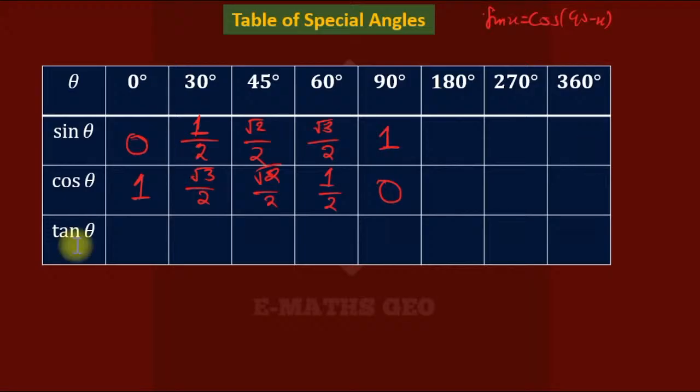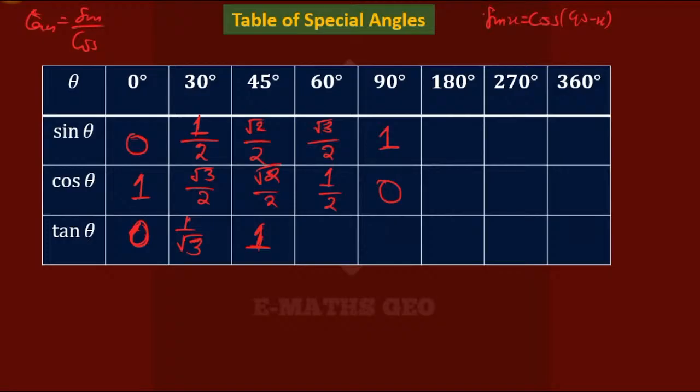Now, from our quotient identity, do you remember that tan is sine over cos? Remember that tan is always sine over cos. So now 0 over 1 is 0. Then 1 over 2 divided by root 3 over 2 will be 1 over root 3, but you rationalize to be root 3 over 3. For 45, the two values are the same, so dividing gives us 1.